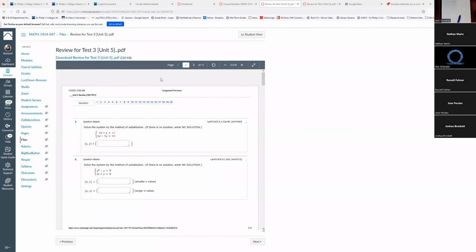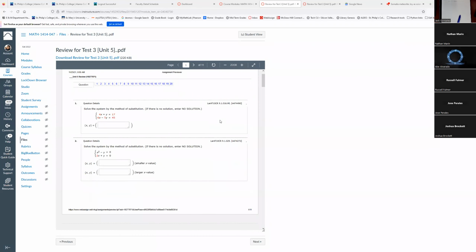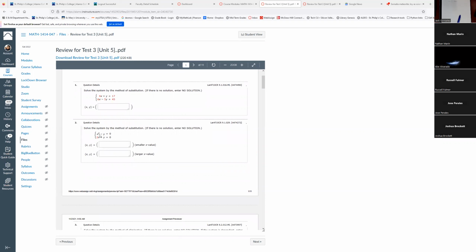Can you see the review? Yes, sir. All right, so the first one, I'm just going to show you what we're going to do on the calculator. The second one, I can actually do substitution. As you can see, there's a quadratic part. If there's a quadratic, you can't really use the calculator for that type of question.